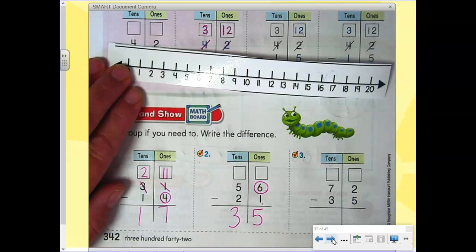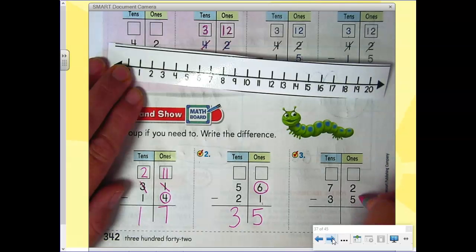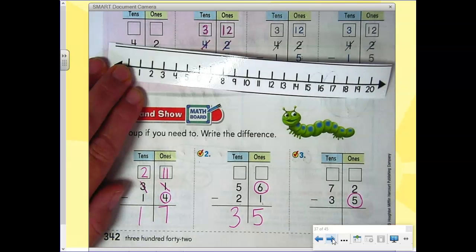All right, and number 3, 72 minus 35. Start on the right. We have 2 minus 5. What's your larger number? 5. Our big number's on the floor.